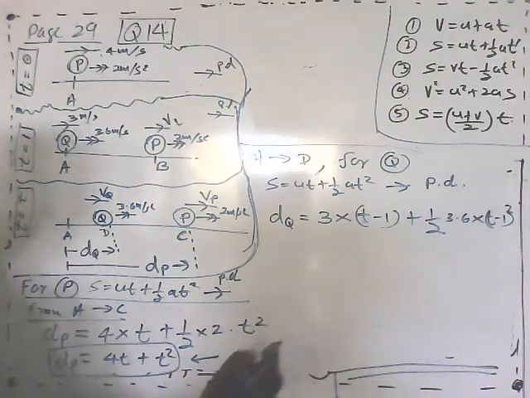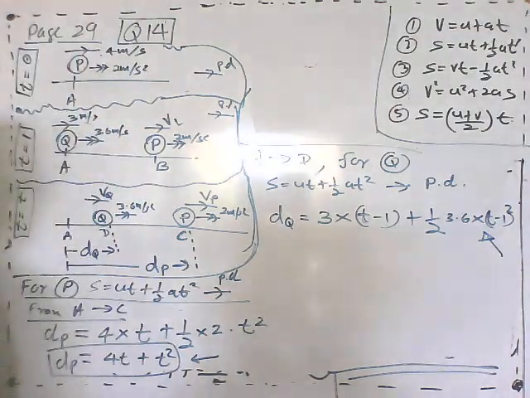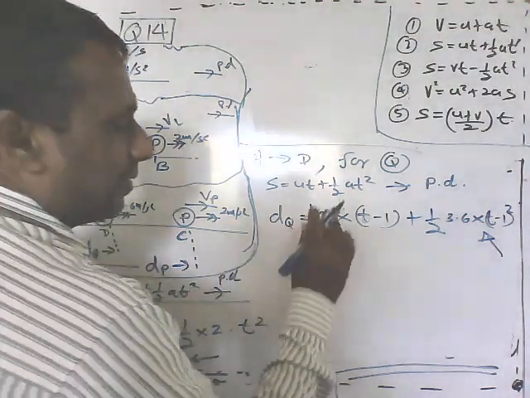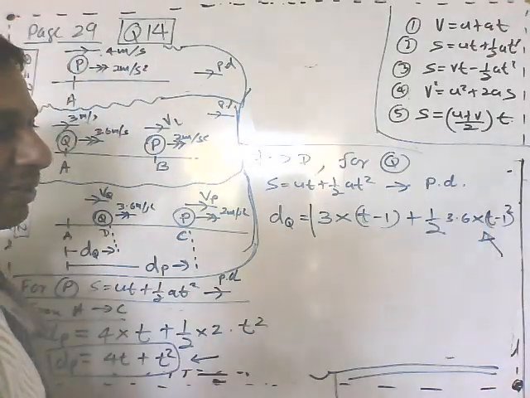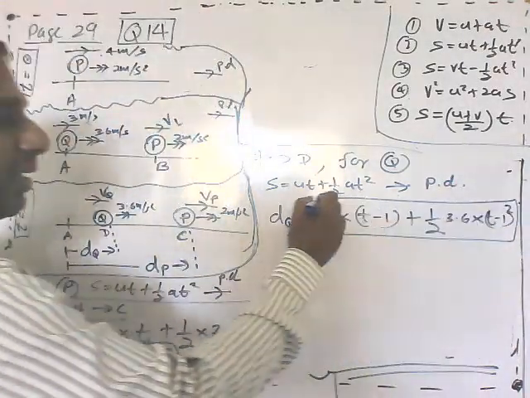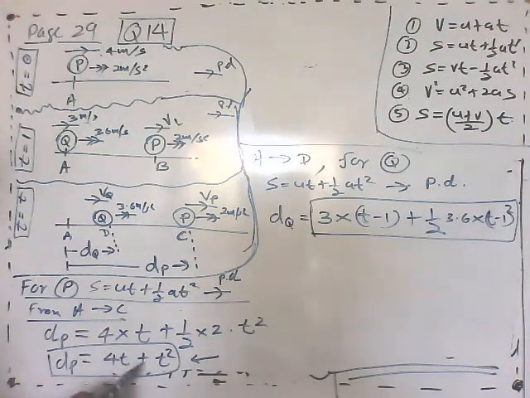These equations were correct, and I actually checked them from the answers. So we can simplify a little bit, and we get a quadratic equation for dQ, the displacement of Q, and also one for dP.